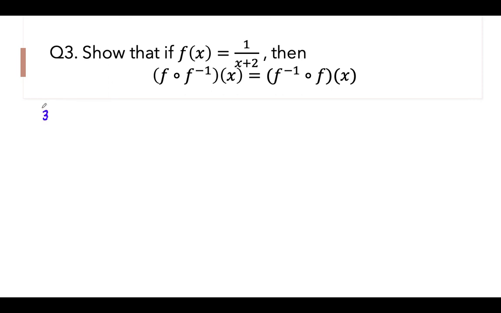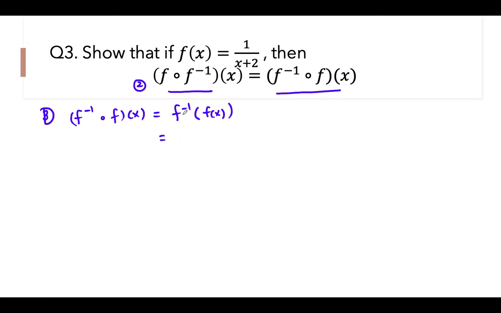Then the third part. This was the second part. The third part is f inverse of f of x. This essentially means f inverse, that's the outer function, of f of x.